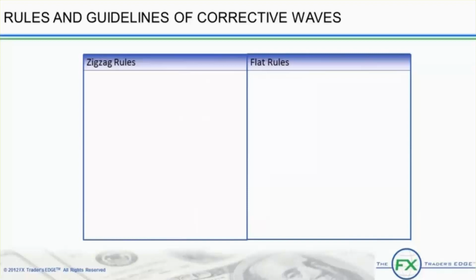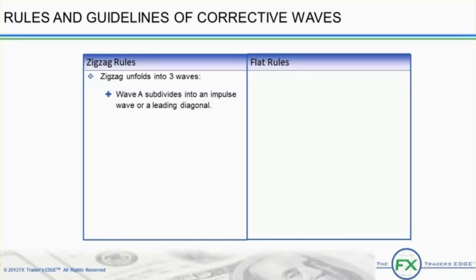Here is a summary slide for rules and guidelines of corrective waves. First we'll do the zigzag rules. The zigzag unfolds into 3 waves. Wave A subdivides into an impulse wave or a leading diagonal. Wave B subdivides into a zigzag, flat, triangle, or combination pattern.